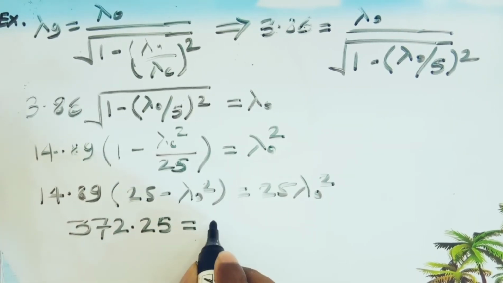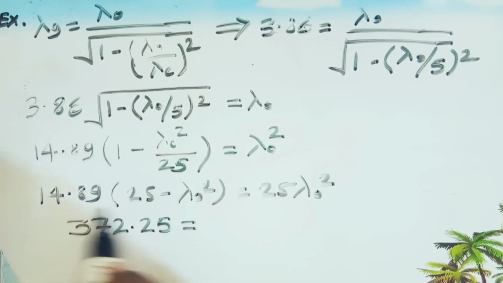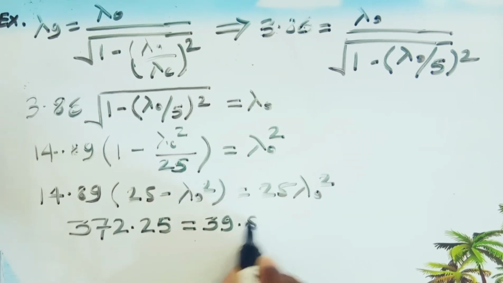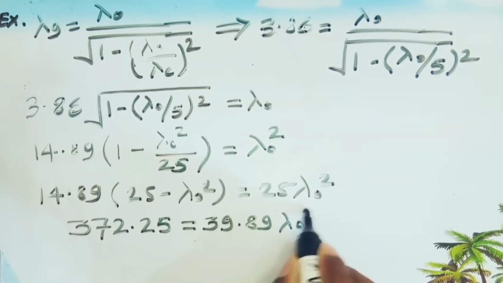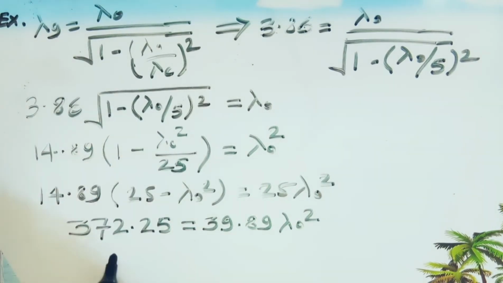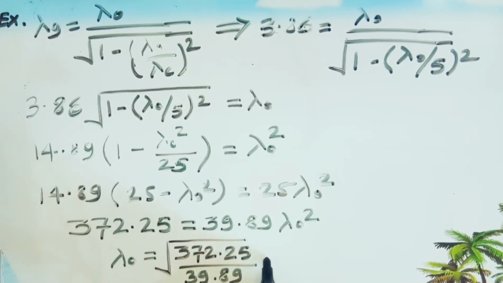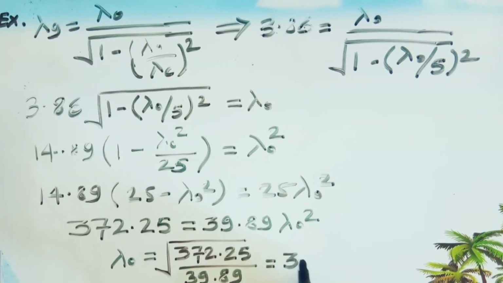Now this becomes equal to 14.89 plus this, so it is 39.89 equals lambda 0 square, and from this lambda 0 becomes equal to under root of 372.25 divided by 39.89, and it comes out to be 3.055 centimeter.